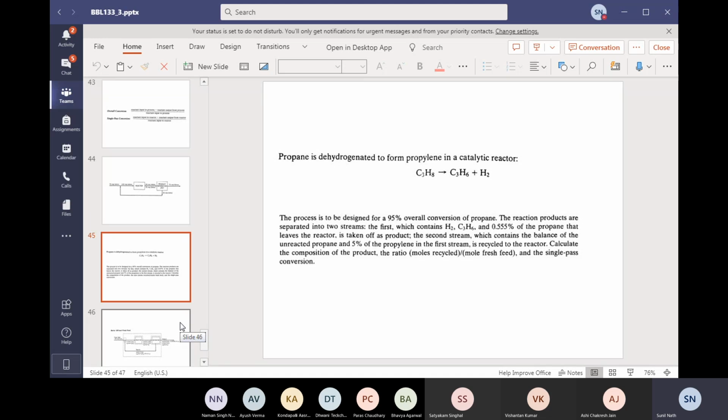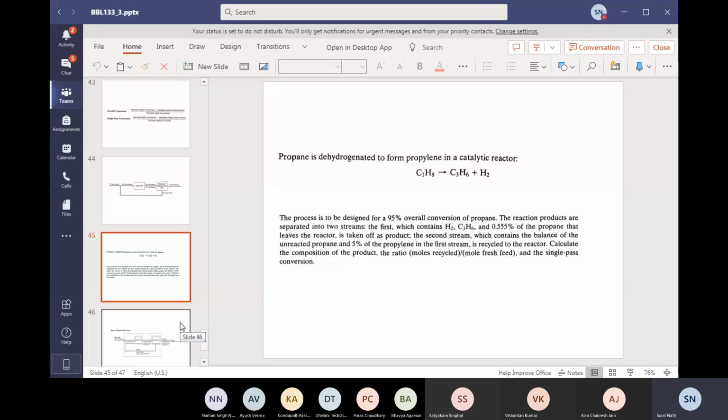You do not know the moles of C3H6 and C3H8 out of the reactor, so you have to give variables for that. Similarly, the product will have all the 3 after the separator.